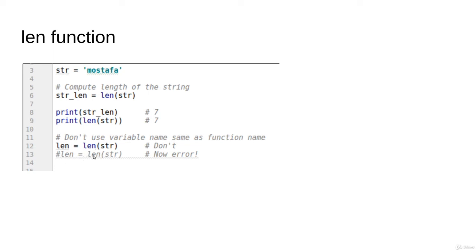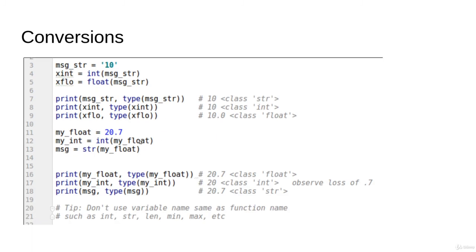If you try to call len of str again, this will fail, because len is now a variable that has a value of 7. It isn't a function anymore. The advice is don't use a variable name the same as some function. So we know now about the function len, the function max, the function min, the function type. If you set some variable equal to one of these function names, you cannot call the function again.